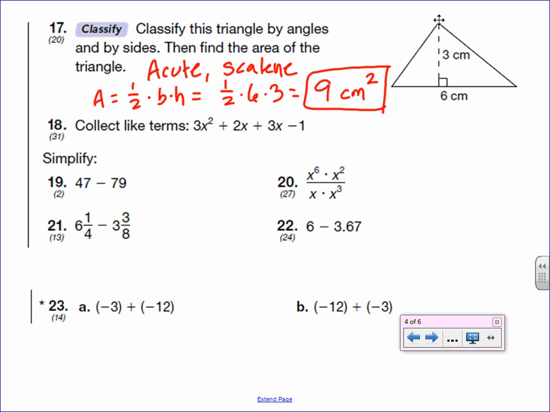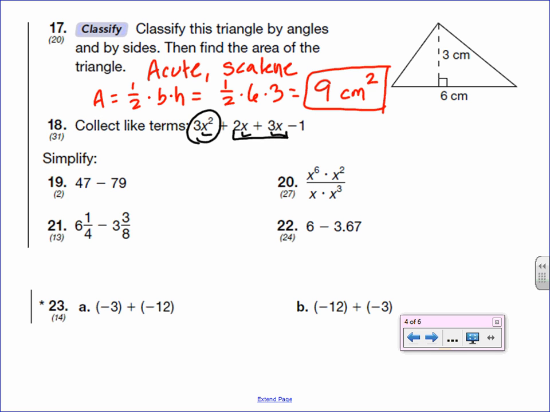Collect like terms. So, like terms have to have the same letters as well as the same exponents. All three of these have x, but this first one has x squared. The other ones don't have x squared, they just have x.